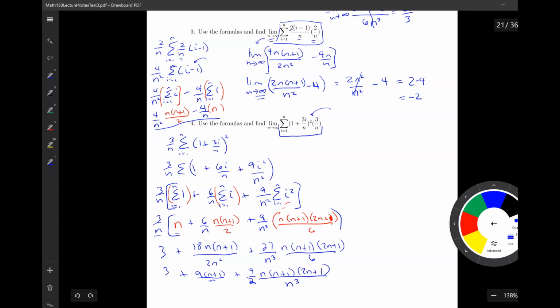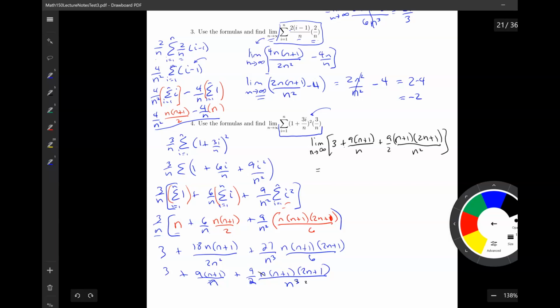Okay, so now what I'm going to do is take the time to put the limit in. So let me bring it up here. I'm going to be taking the limit as n goes to infinity of this, right? 3, 9, n plus 1, all over n, plus 9 halves. I guess one of these n's could cancel, right? So 9 halves, n plus 1, 2n plus 1, all over n squared.